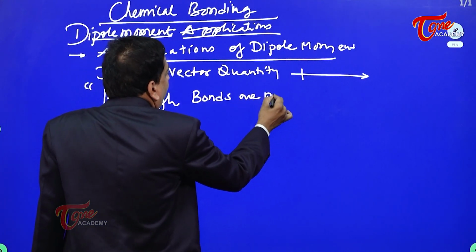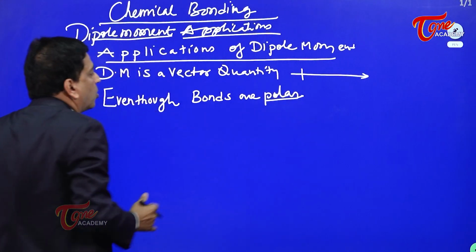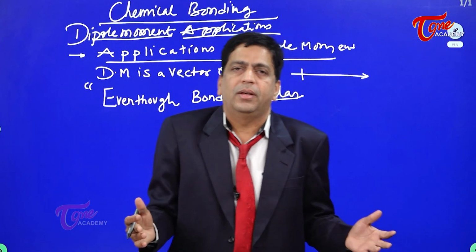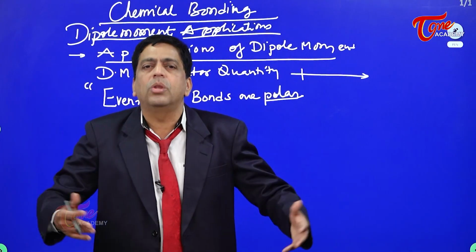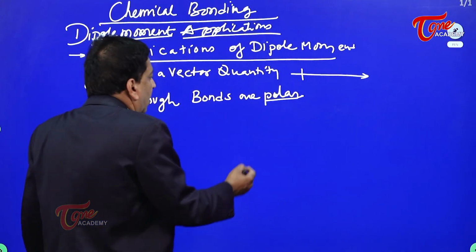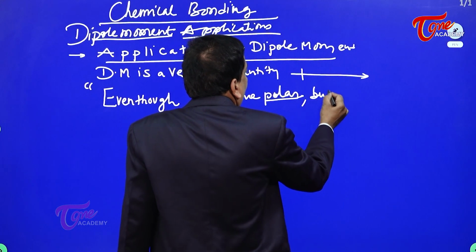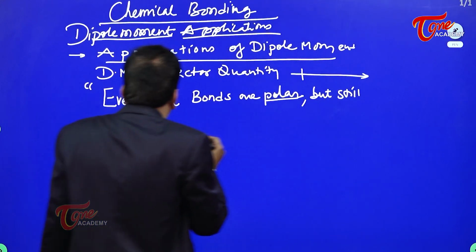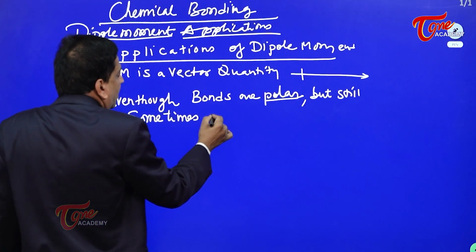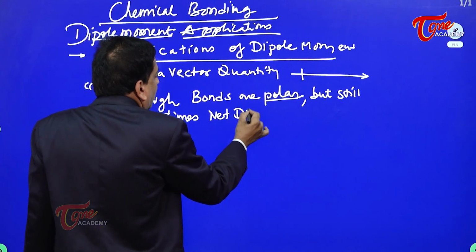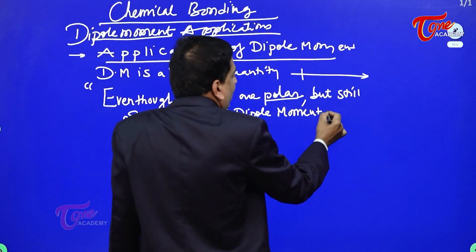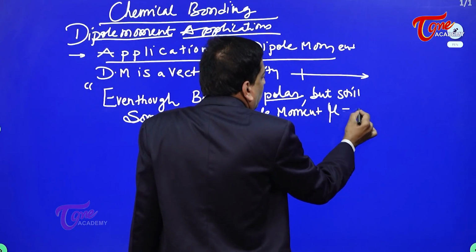bonds are polar, now you must understand what polar is. Polar is unequal sharing of the bond pair. So what he is telling is that even though the bonds are polar, but still sometimes the net dipole moment, that is mu, is zero.